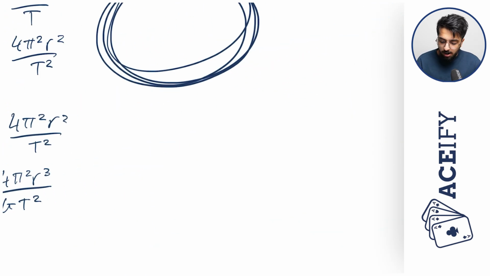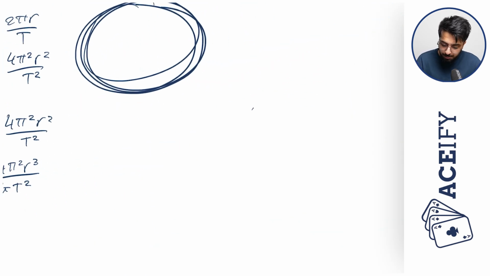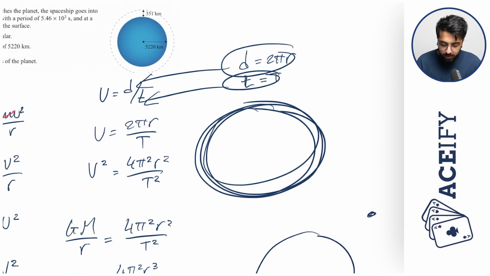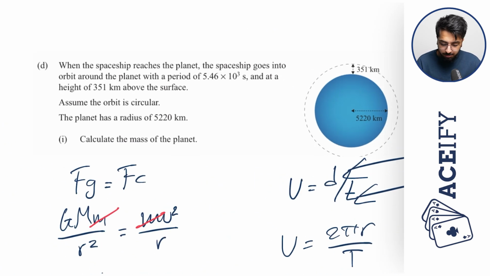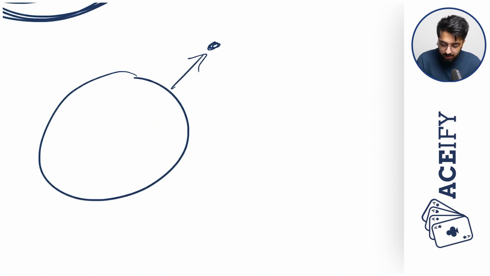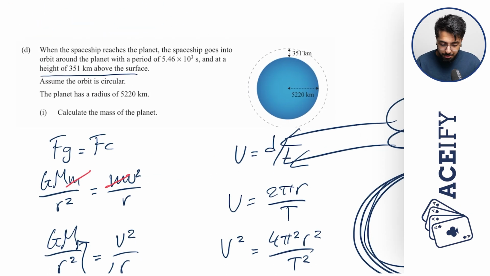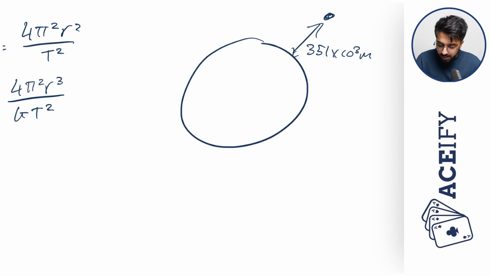However, what is our r? We would have our spaceship over here, and we have our planet over here. We are given how far above the surface the spaceship is, so we are given this distance right here, and that's 351 times 10 to the 3 meters, because that's 351 kilometers, okay? And we're also given the radius of the planet, so that is this right here, so 5220 times 10 to the 3 meters.